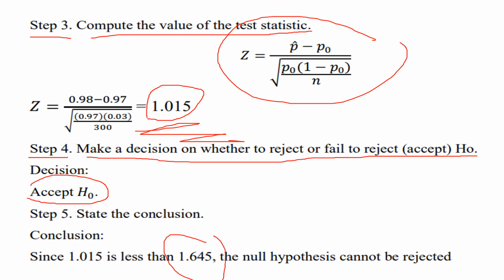Since 1.015 falls before 1.645, it falls on the non-critical region, meaning we really need to accept your H0. The null hypothesis cannot be rejected because it is a true statement based on the result that we get from the test statistic.